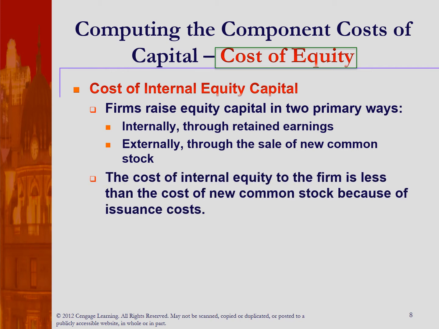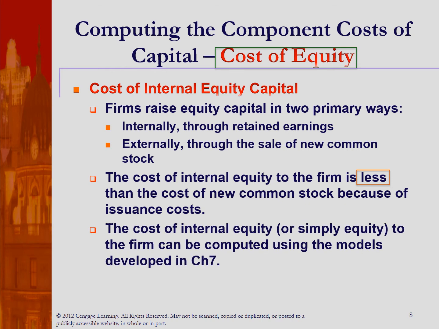The cost of internal equity to the firm is less than the cost of external equity because issuing new common stock is accompanied with high issuance costs. The cost of internal equity can be computed using the models developed in Chapter 7, as well as the capital asset pricing model, the security market line, discussed in Chapter 8.